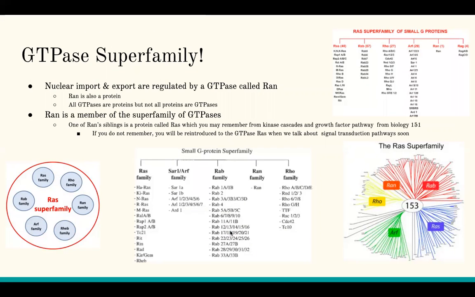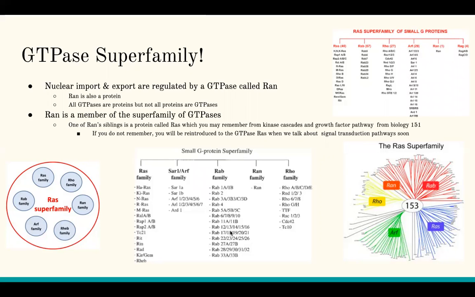You don't really need to know the details of it. You don't need to memorize any of this, the G protein superfamily. Just know that RAN is a member of the GTPase superfamily, and GTPases hydrolyze GTP, like an ATPase hydrolyzes ATP. It's an enzyme, so it's also a protein.